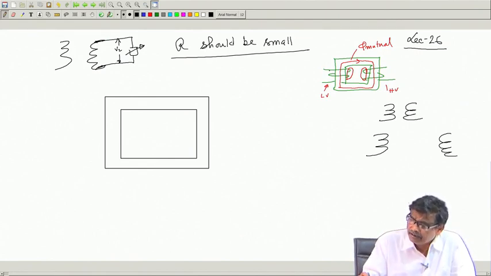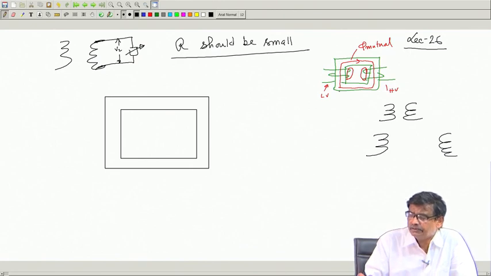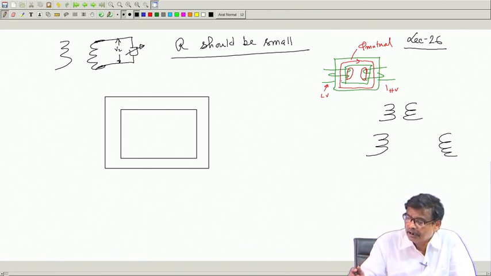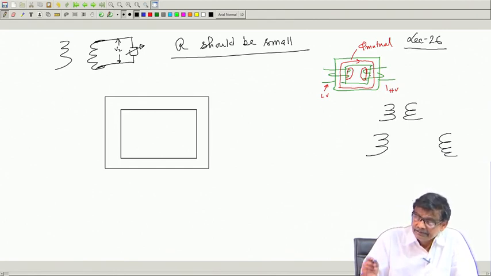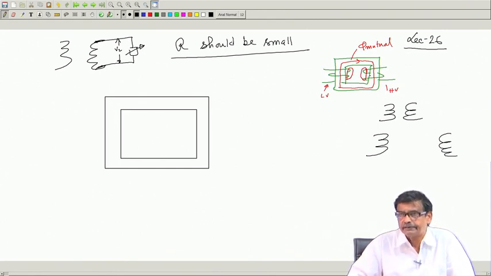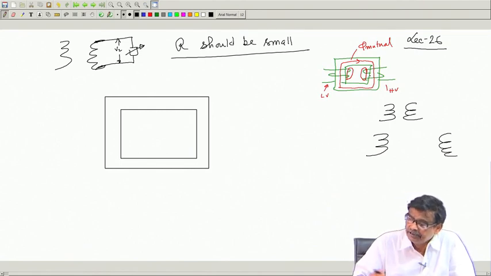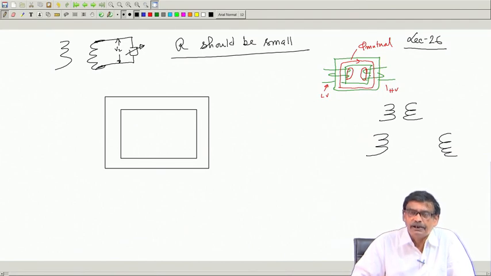Therefore, if the LV side coil is wound on limb 1 and the HV side is totally wound on limb 2, there is separation and leakage flux is there. But this can be reduced to a great extent if both the windings are distributed in both the limbs.